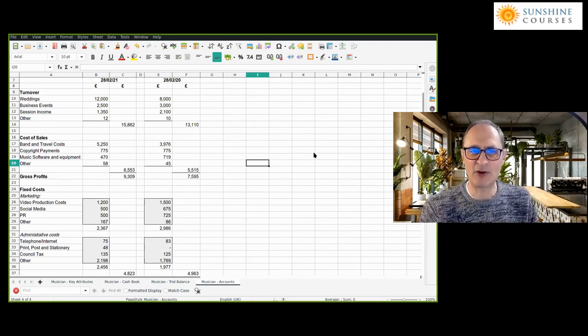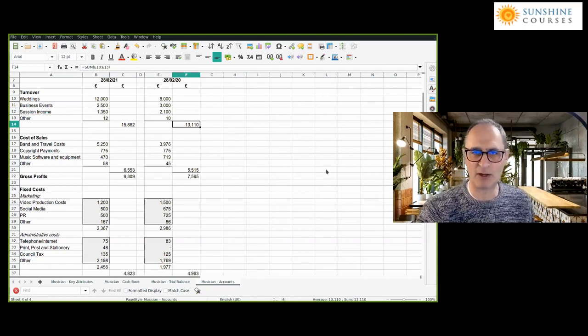We got some wedding revenues, we got some business income, we got something called session income. Session income is where we go to play for other bands, where someone else is paying us as a band member. And we've got £15,000 this month compared with 13,000 last year, which is remarkable in lockdown.